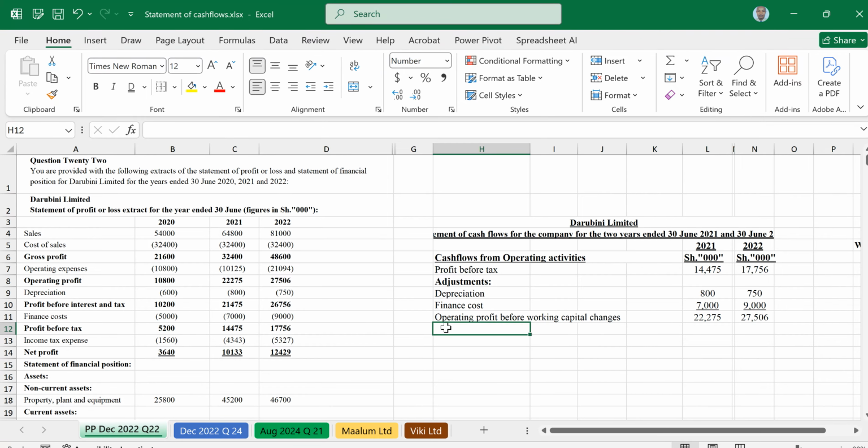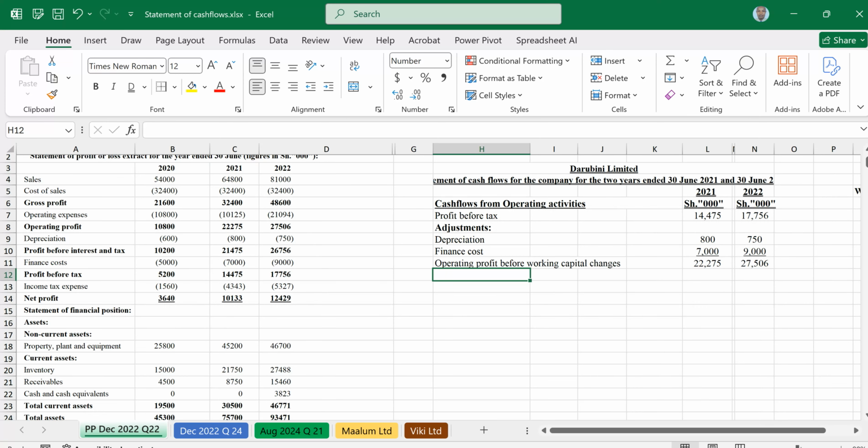Then inventory, what happened to inventory? Look at 2020, 2021, and 2022. This one looked like it increased, so we have increase in inventory.